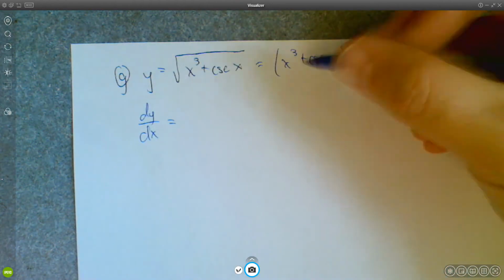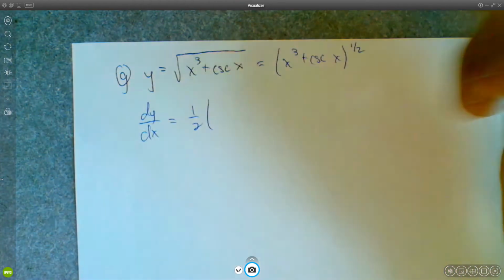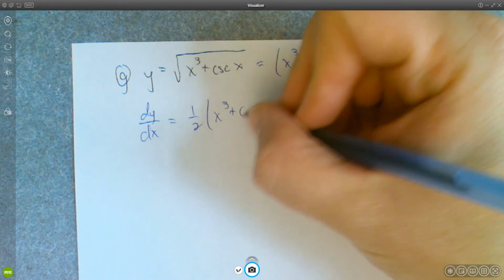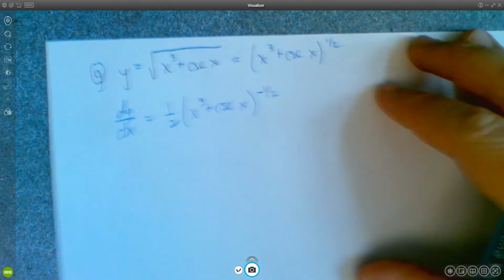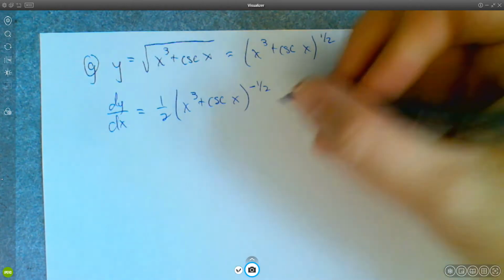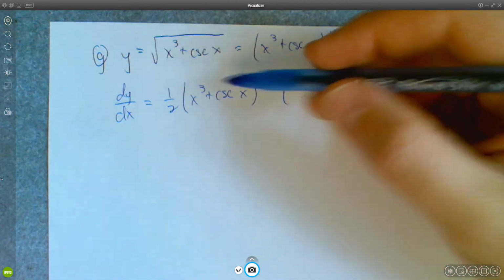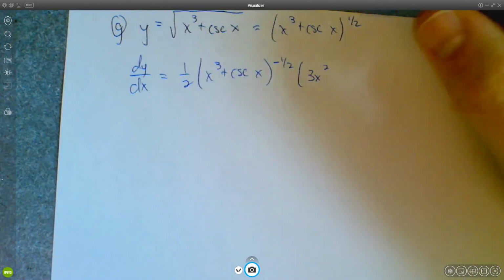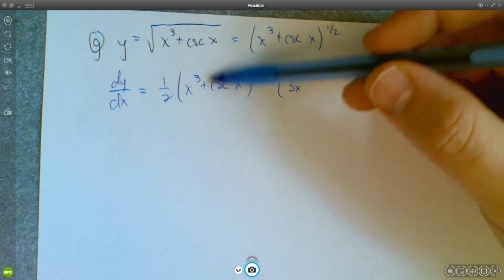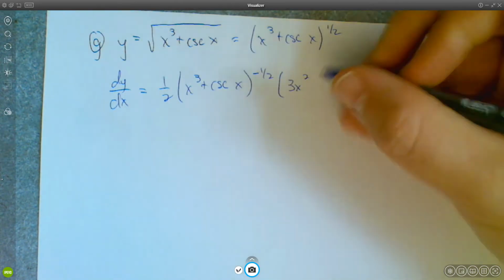The derivative of that outside function is 1/2 times x cubed plus cosecant x to the negative 1/2. And then I have to multiply that by the derivative of the inner function, which would be 3x squared, and then minus cosecant cotangent, right?